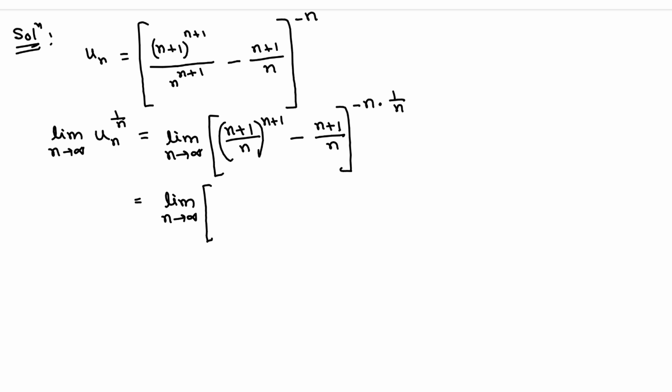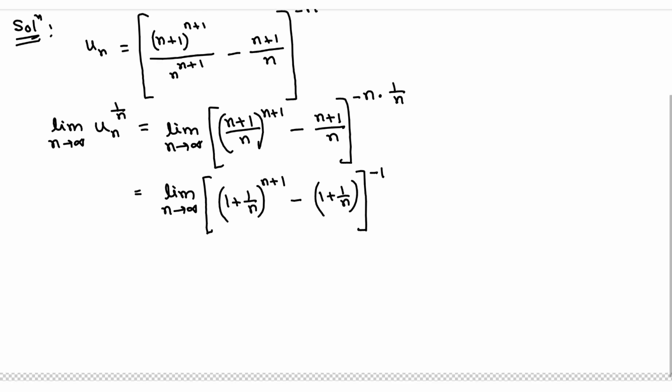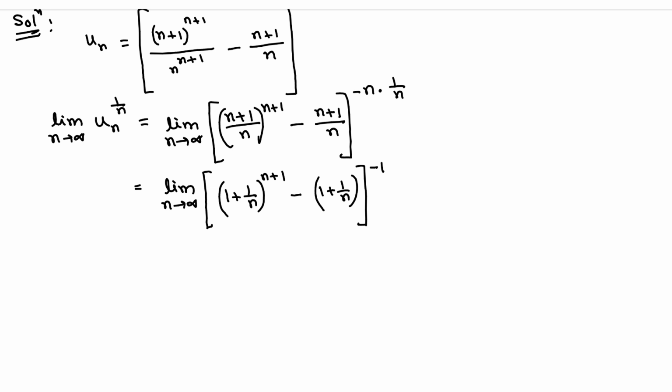If I divide by n, this will be 1 plus 1 by n whole to the power n plus 1 minus, and this will be 1 plus 1 by n, and the power n cancels, so this will be minus 1.